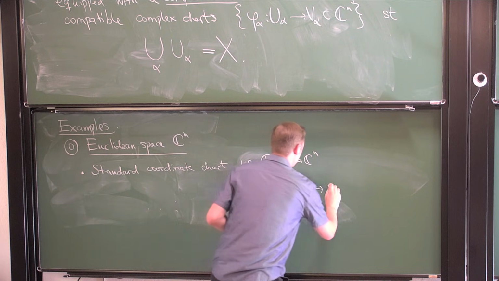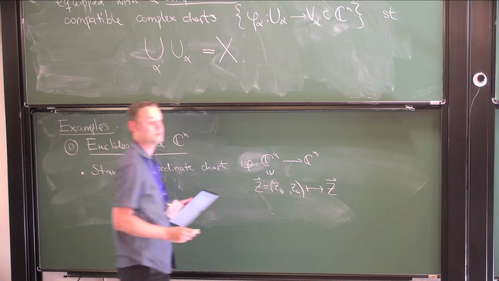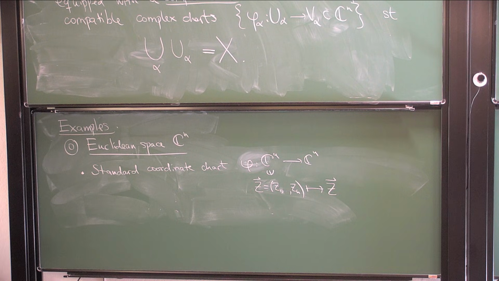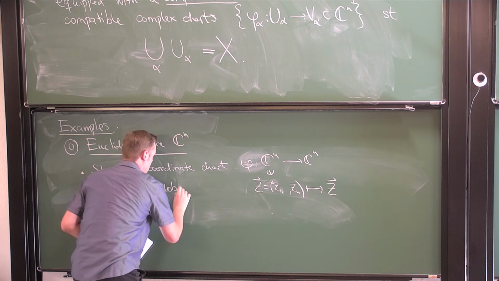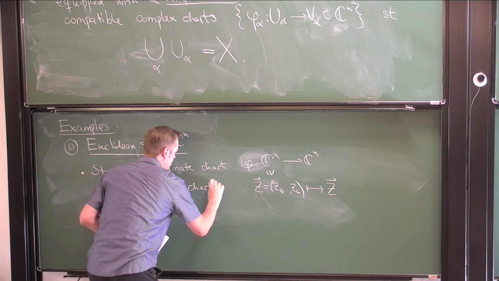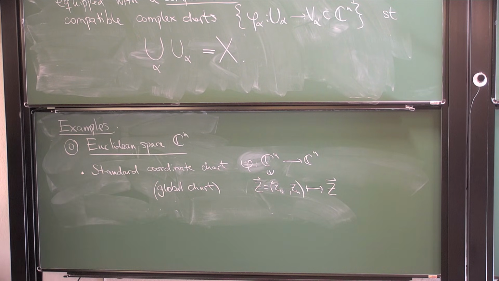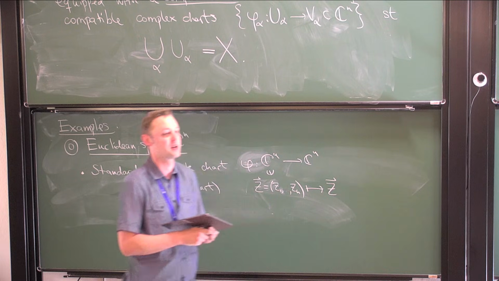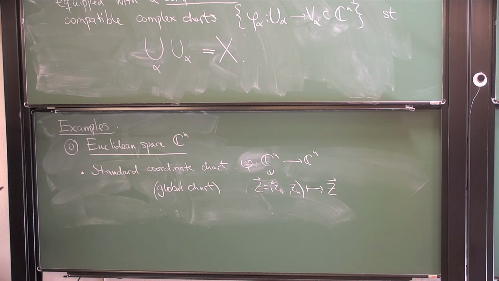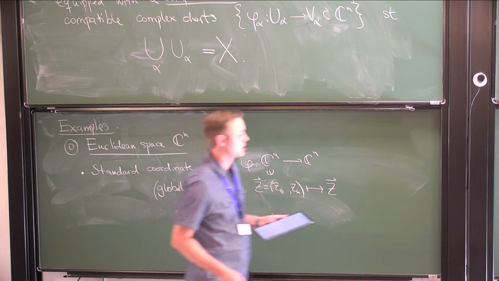It's the identity map. It's a global chart. When we say global chart, it means that it's just one complex chart, but it covers the whole manifold. This is not true of all complex manifolds. Many complex manifolds do not admit global charts. We'll see such an example.